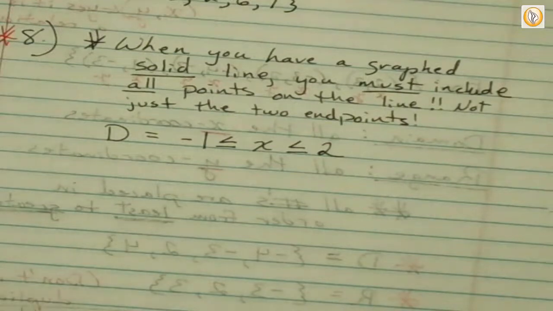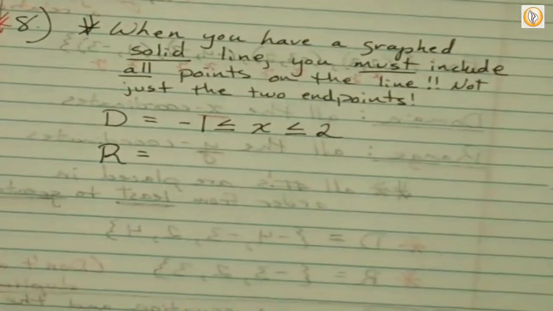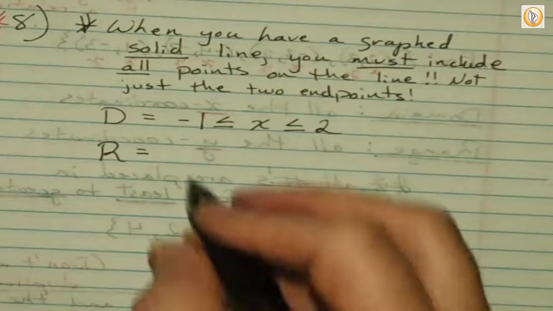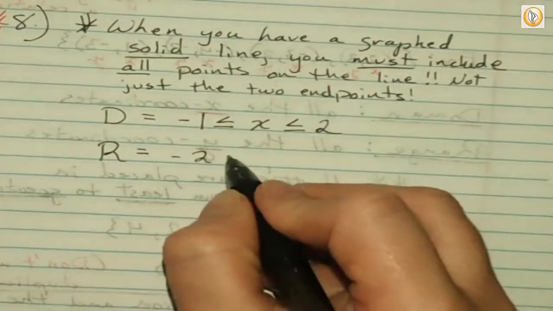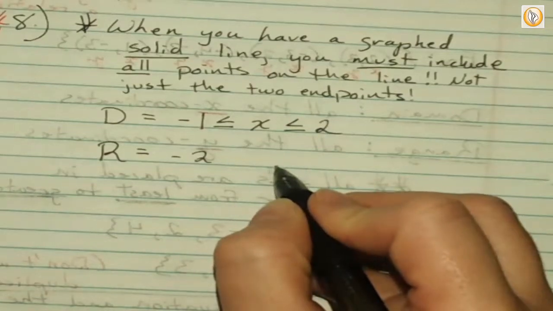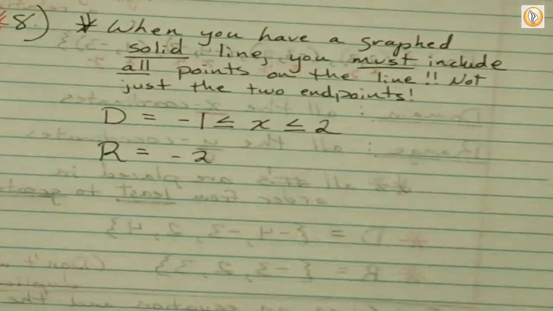Okay, so then what do y'all think the range would be? Raise your hand if you want to guess. Gabby? -2. Well, okay, the range represents what letter, X or Y?